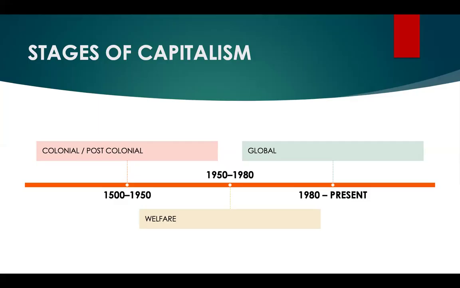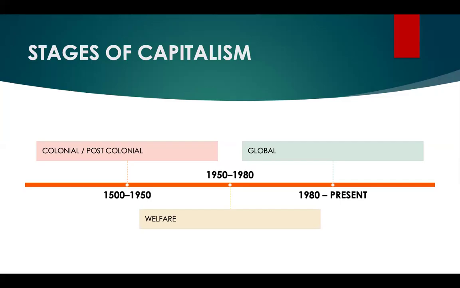It created global commodity chains like sugar, tobacco, spices, and slaves. It spread European influence, languages, and cultures worldwide. And it also encouraged early financial institutions like stock exchanges, joint stock companies, and other things.